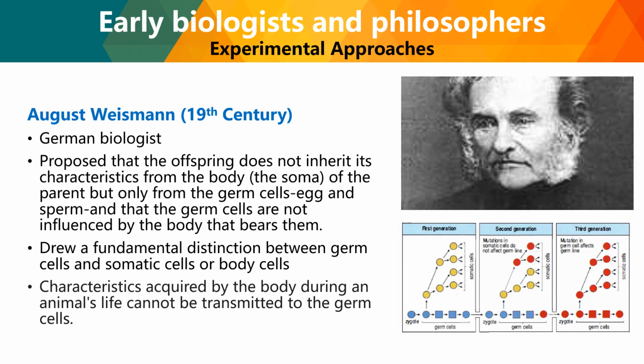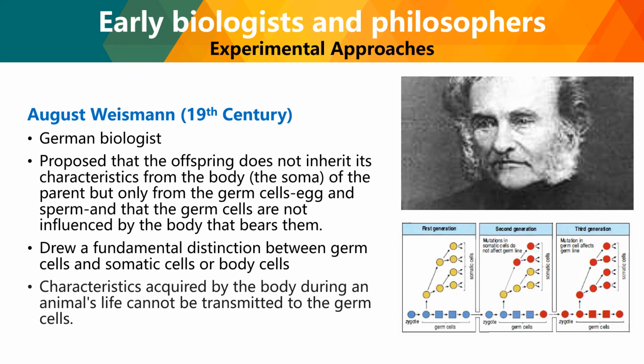He proposed that the offspring does not inherit its characteristics from the body or the soma of the parent, but only from the germ cells, egg and sperm, and that the germ cells are not influenced by the body that bears them.